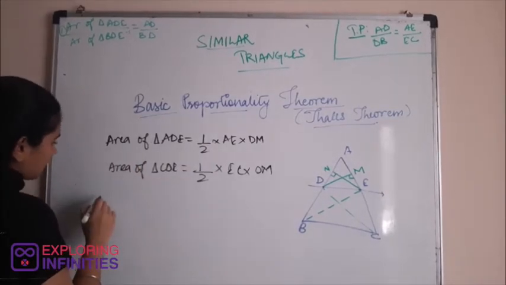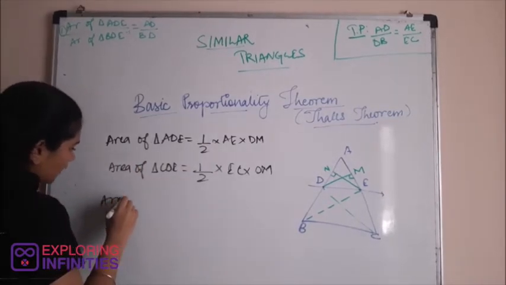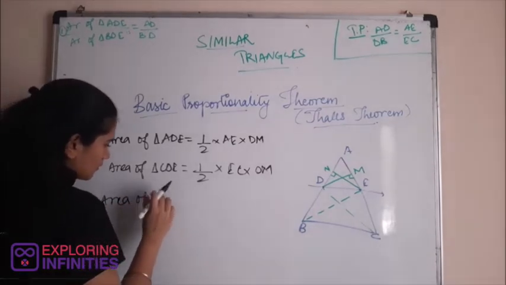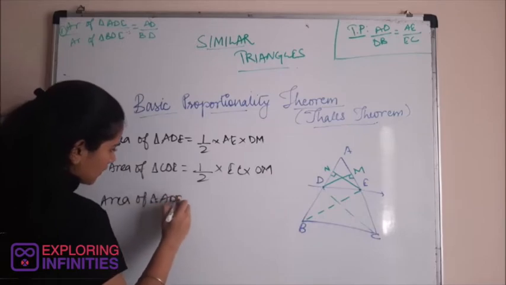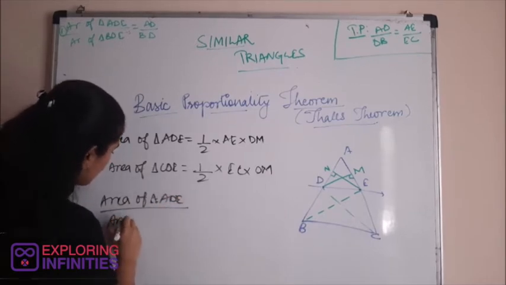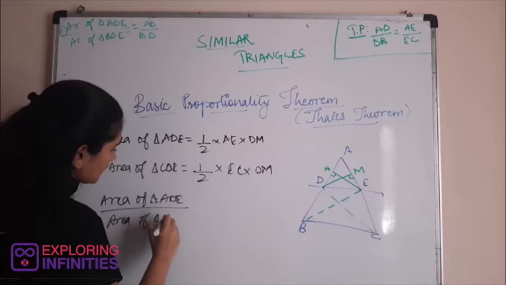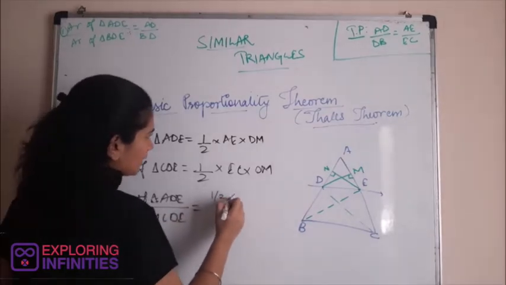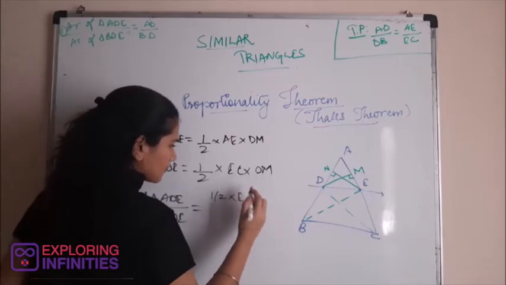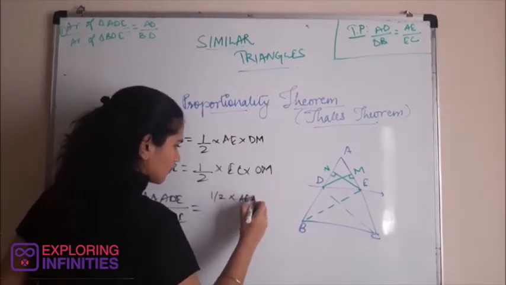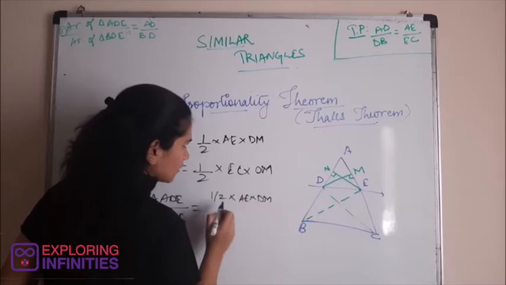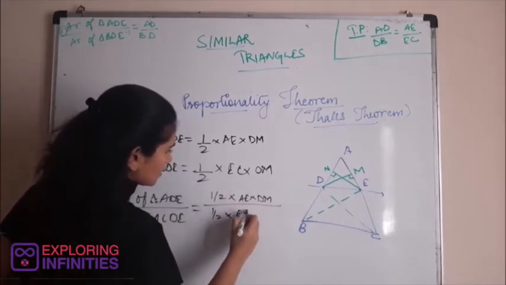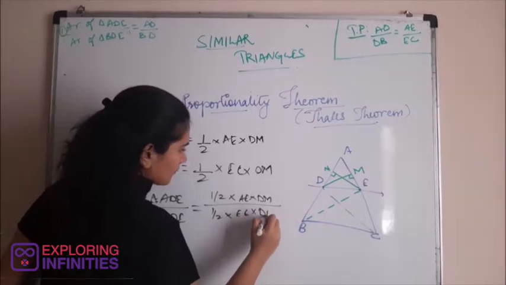Now similarly, we can find out the ratio between the areas of these two triangles. What it comes out as is area of triangle ADE divided by area of triangle CDE, which is half of AE into DM divided by half of EC into DM.